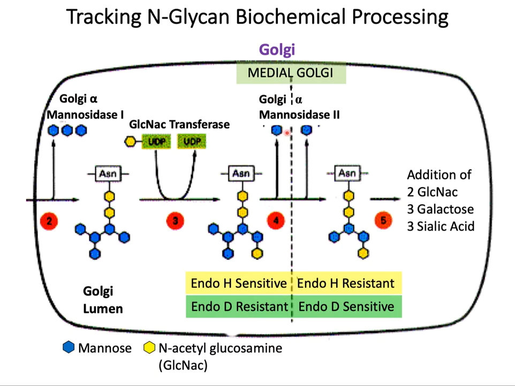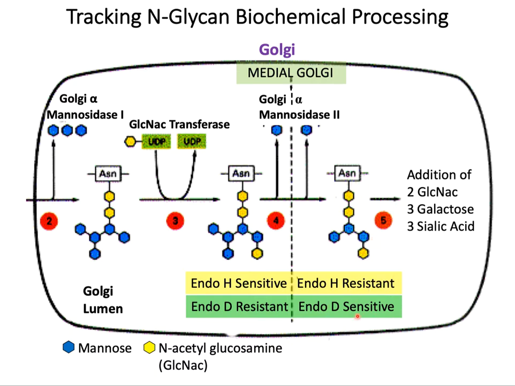When secretory proteins pass through the medial Golgi and they are processed by the enzymes in the medial Golgi, their sensitivity to these endoglycosidases changes. So in this case of endoglycosidase H or endo-H, these prematurely processed secretory proteins are endo-H sensitive until they cross this point in the medial Golgi, and then they become resistant to the action of endoglycosidase H.